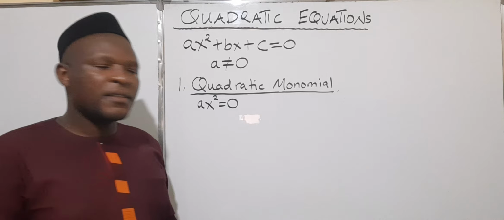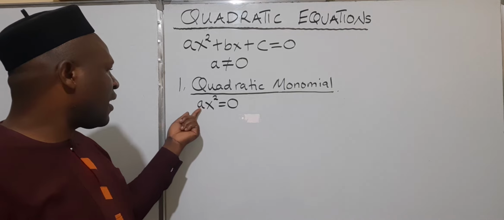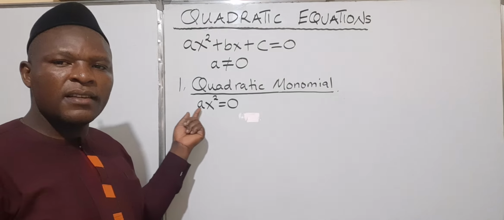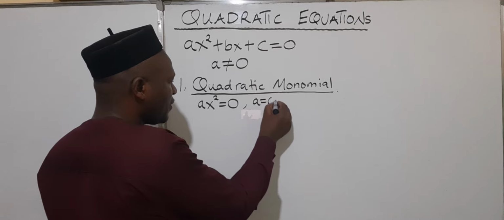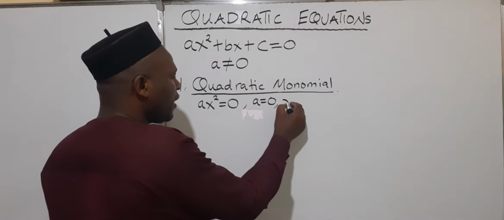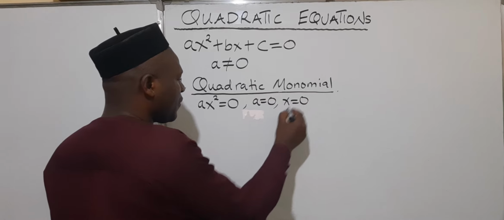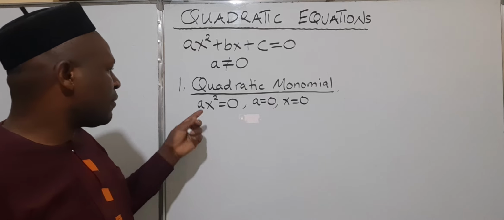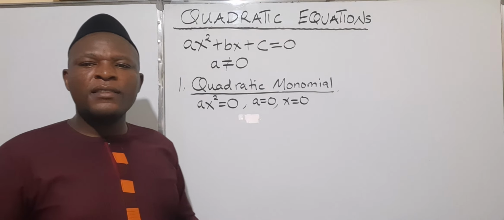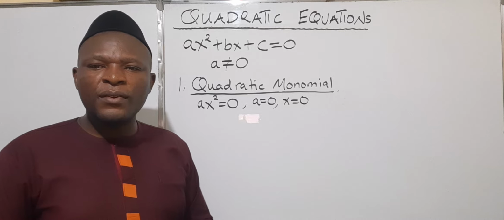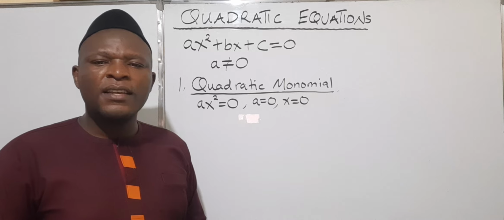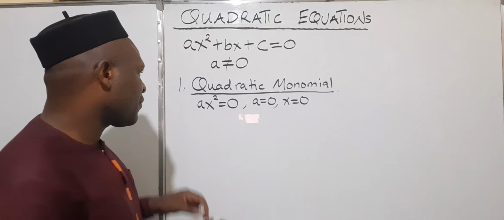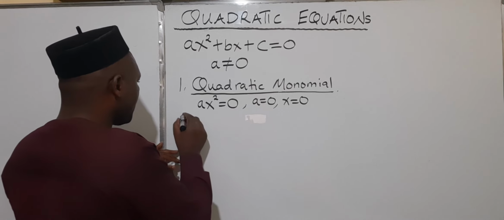This means either a or x is going to be a 0. So a can be a 0 or x itself can be a 0. Why? Because any number that you multiply by a 0, the product that you get is always a 0.